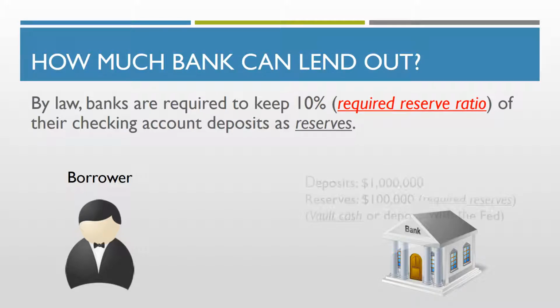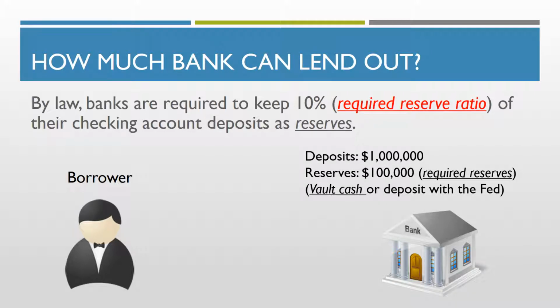For example, if the bank has $1 million of checking deposits in the system, the bank is required by law to keep at least $100,000 out of that $1 million in what we call the bank vault.